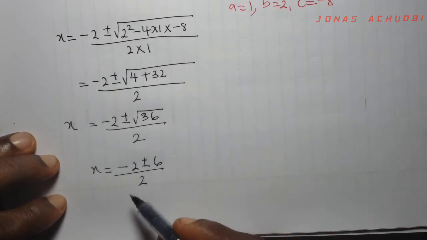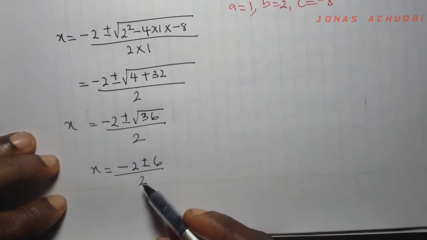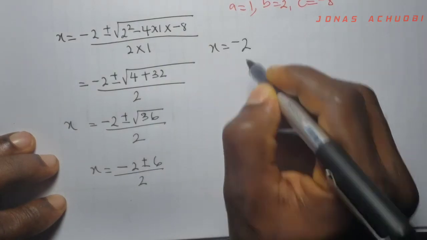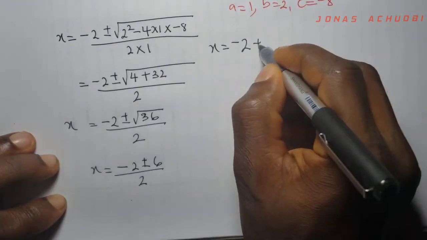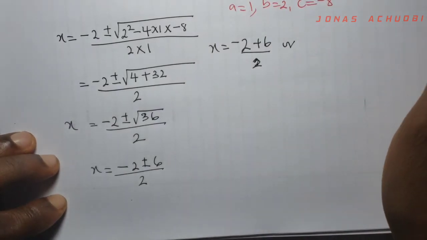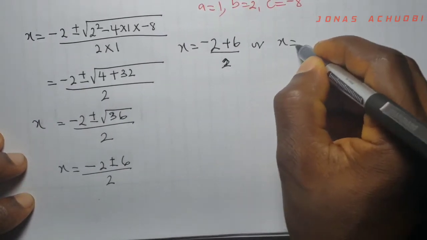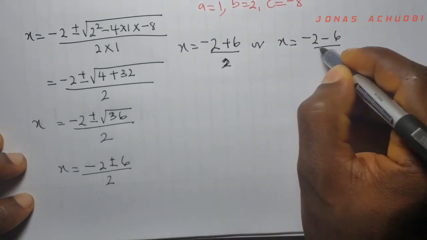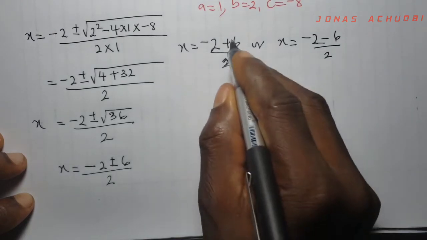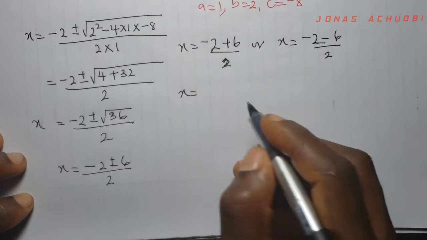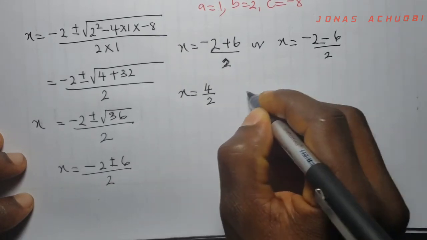At this point, we'll now split our solution into two parts. So we now have that x is equal to minus 2 plus 6 over 2, or x is equal to minus 2 minus 6 over 2. From the first part, x is equal to minus 2 plus 6, which is 4, so 4 over 2.